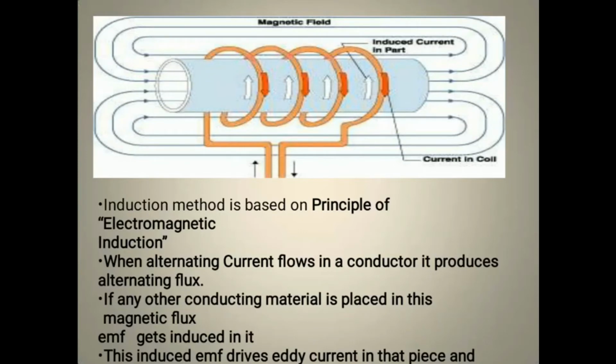This induced EMF drives eddy current in that piece, and due to this eddy current there are eddy current losses, and from the eddy current losses we get heat. In this figure we can see that current is given to the coil, and the magnetic field is generated, and in that field we put a conductor or a solenoid, so induced current passes through it.